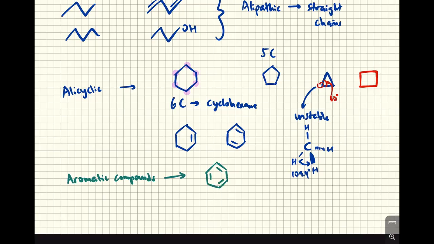And you can see that it has 3 double bonds in this 6-carbon ring. You can also draw it this way, where instead of drawing the three double bonds as such, you can draw it with a circle in the middle. As to why this is drawn like this is because of what we call resonance, which I'll explain again in a later topic.